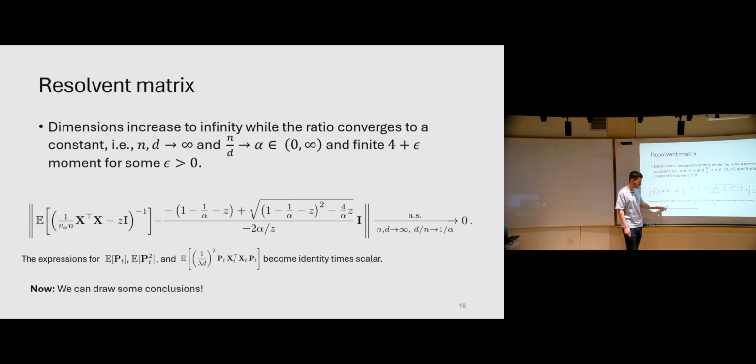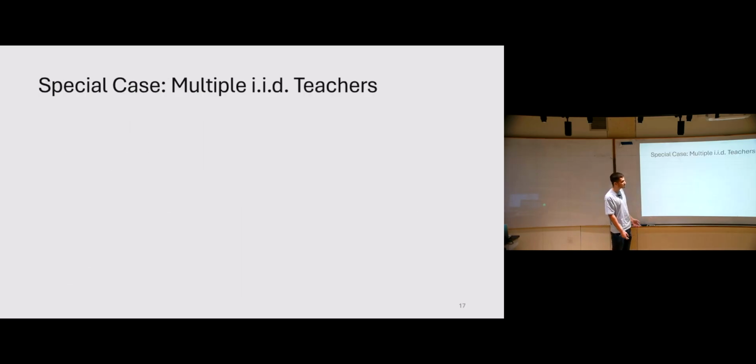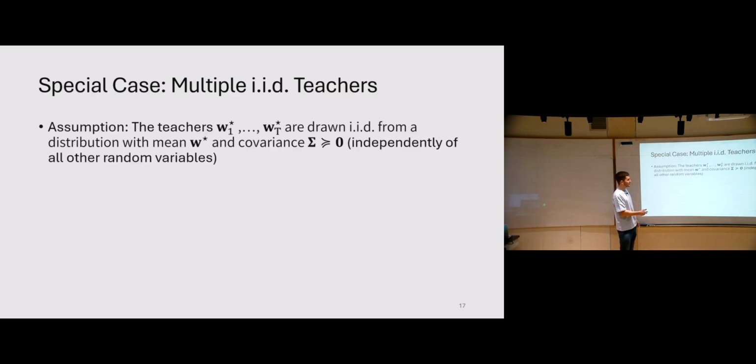Right, so the expression for the expected value squared, and this expression that naturally appears in our analysis, will become identity times a scalar. Now we can draw some conclusions using the explicit expression for the expected generalization. But first we need to assume a special case relating to your question. We need to assume multiple i.i.d. teachers, and we will later see why we need to assume the multiple i.i.d. teachers.